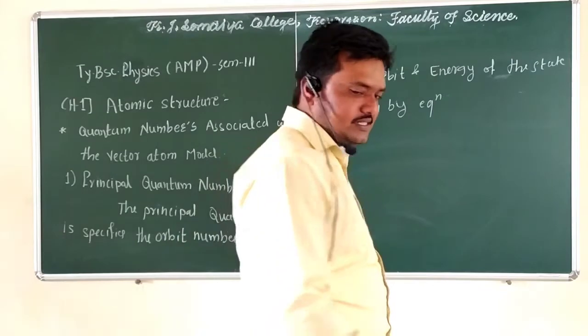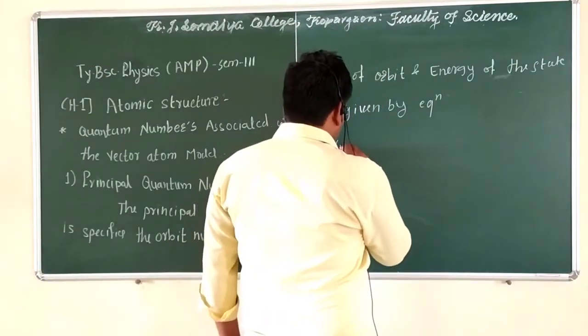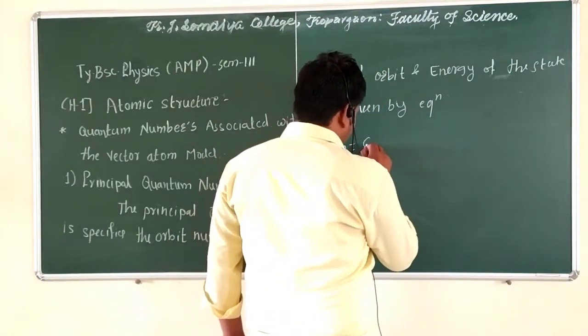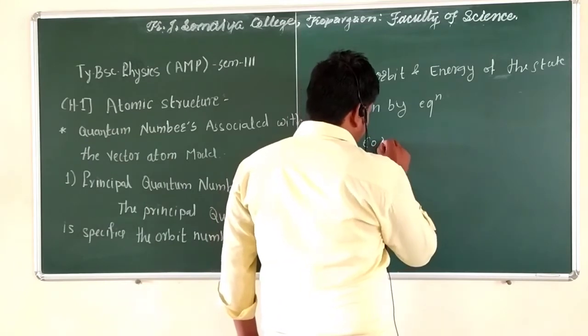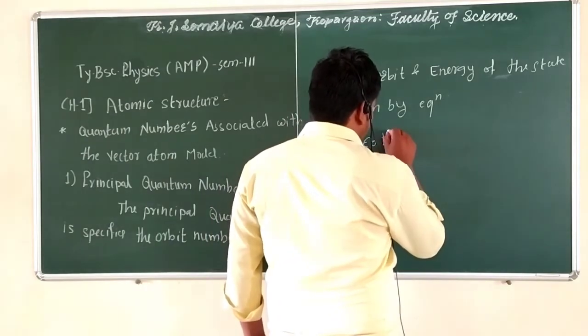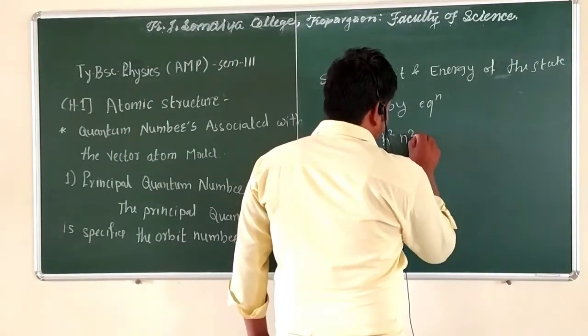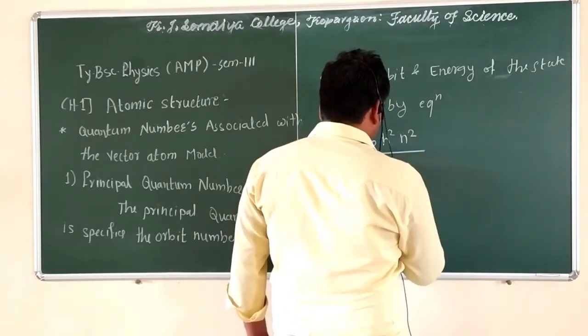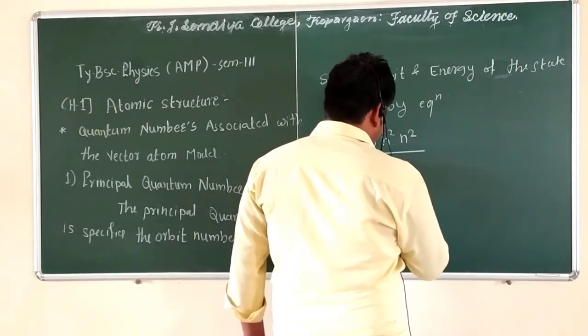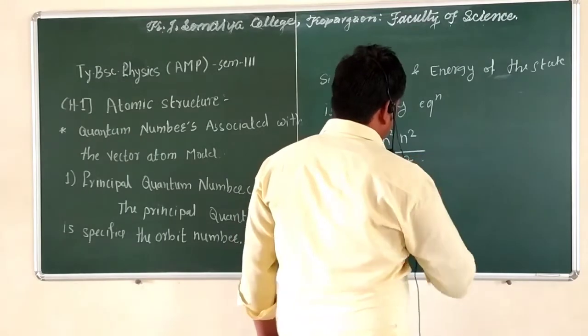Rn is equal to epsilon naught h square n square divided by pi m e square.